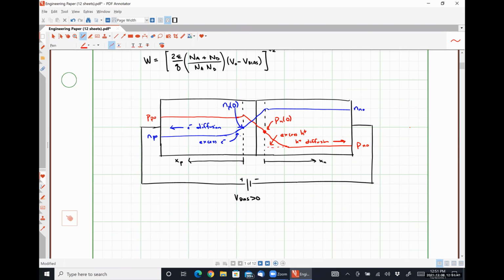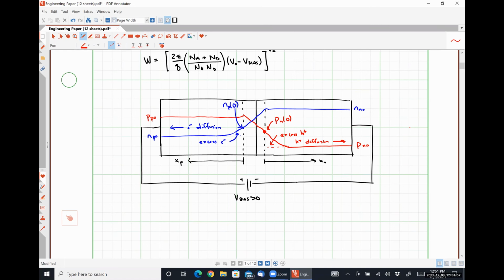So we are going to experience recombination, right? So we're going to have a lot of holes here. And then as we move further and further into the crystal, more and more recombination is going to occur.